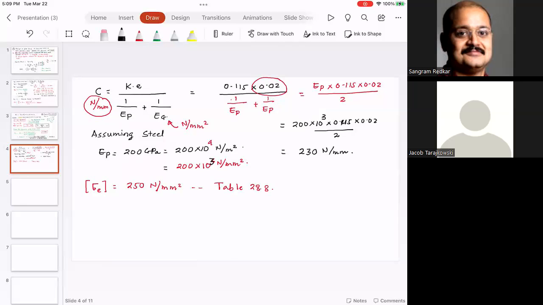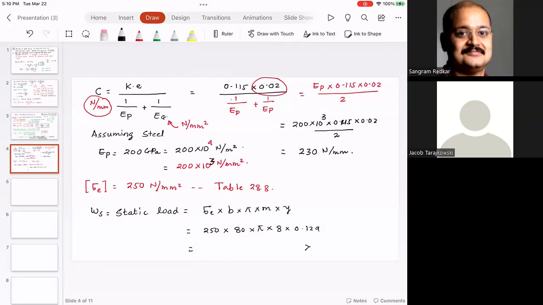And with this, you should be able to find out static load, which is equal to sigma E times B times pi times M multiplied by Y, which is 250 times B is 80 times pi times module is 8 times Y is 0.129.